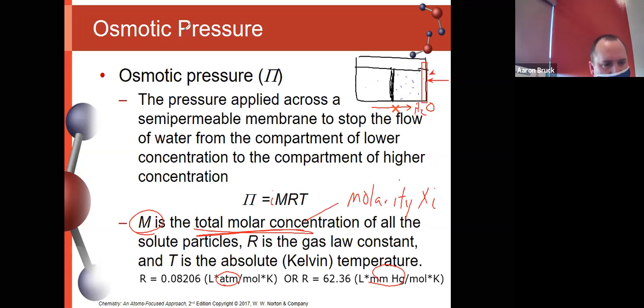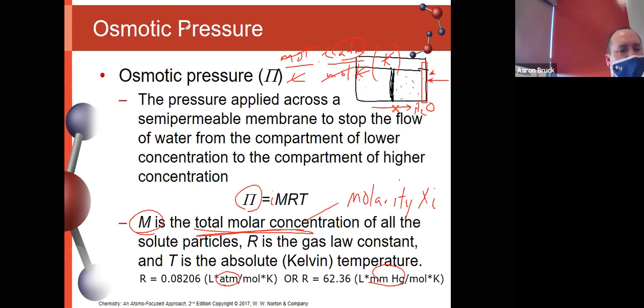Everything else is exactly the same. And if you take the molarity, moles over liters, times that, you'll see that all of the units end up canceling with the exception of the pressure unit.